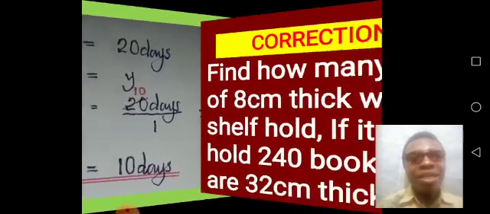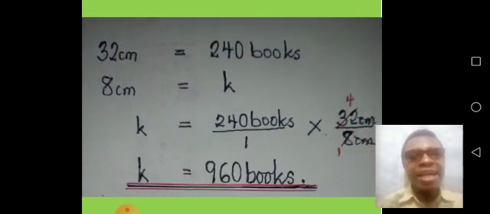All right, number 3. Find how many books of 8 centimeter thick a shelf will hold if it can hold 240 books that are 32 centimeter thick. Now we have 32 centimeter, we're able to hold 240 books. Now if it is 8 centimeter, it will hold k number of books.